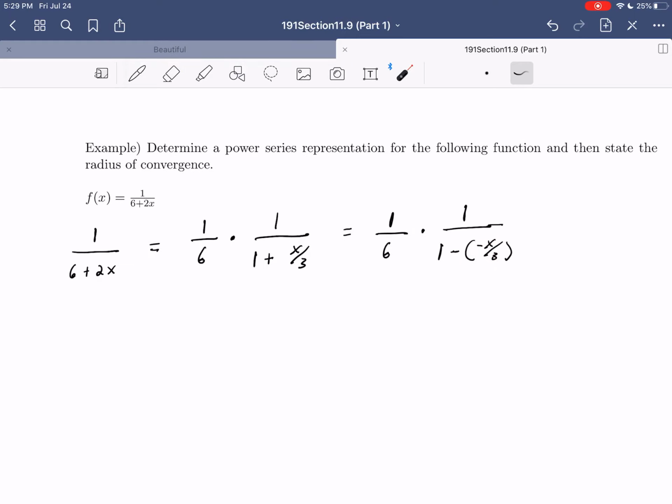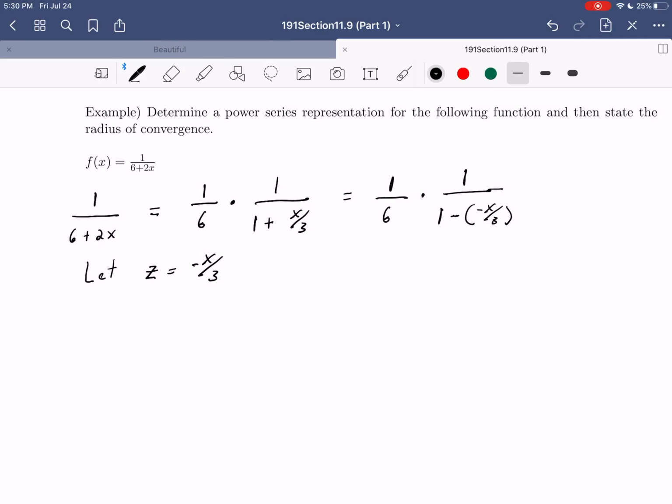Okay, now to really cement this next step, let's go ahead and use a substitution. Substitution is such a powerful technique. You guys have seen substitution in differentiation, in integration, in so many different places. Let's use it here as well. Let's let z, some new variable, be that negative x over 3. So notice then that what we have is 1 over 6 times 1 over 1 minus z.